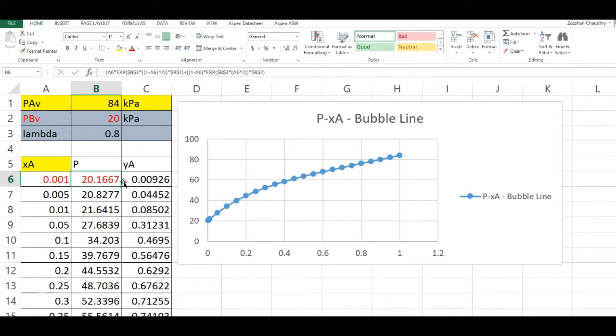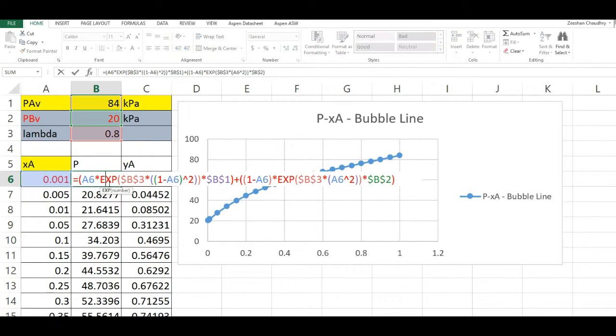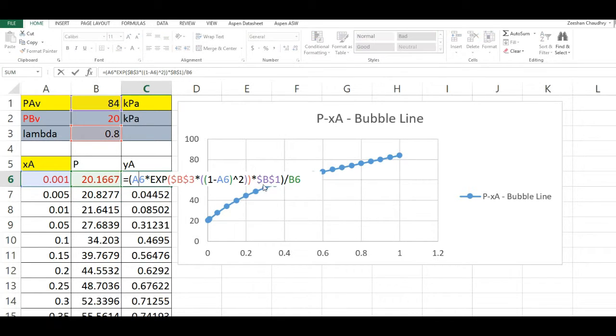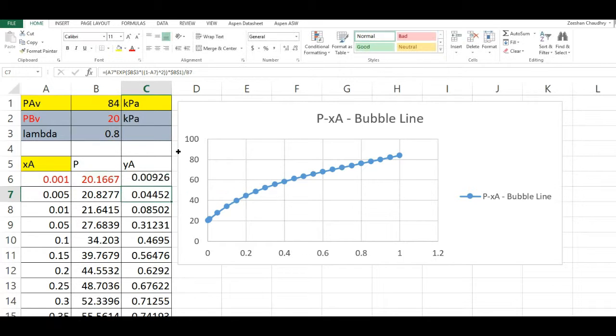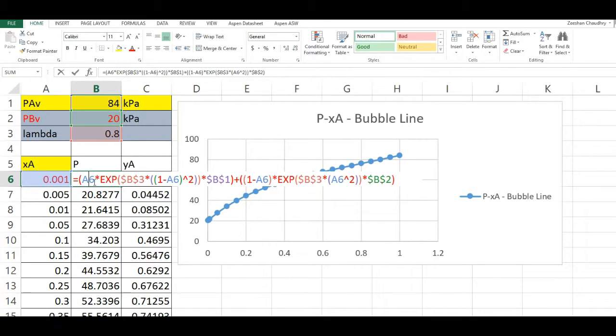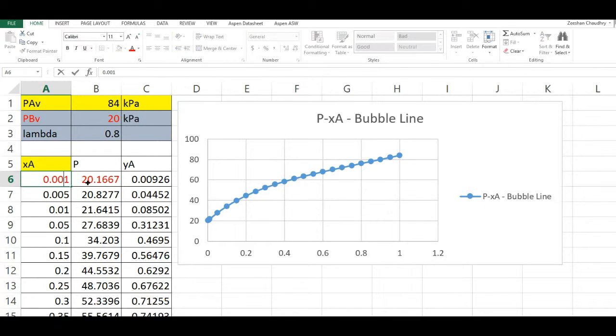Or I could have taken this whole expression and put it in the denominator for yA, but why reinvent the wheel, right? Either way, I get the appropriate yA values that correspond to this P value, which corresponds to the chosen xa values. So let's go ahead and plot these.